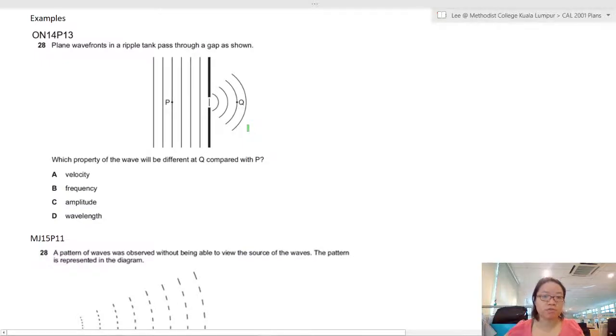Which property of the waves will be different at Q compared to P? We know that the frequency and wavelength have to stay the same. Why? Because there's no change in speed. So there's no change in wavelength, and no change in all these properties.